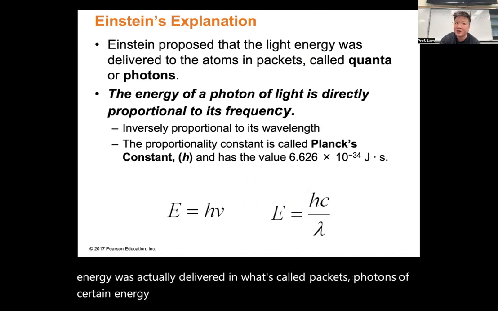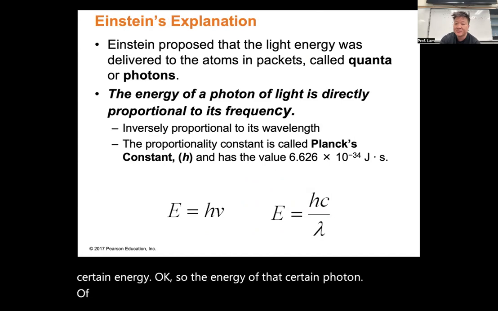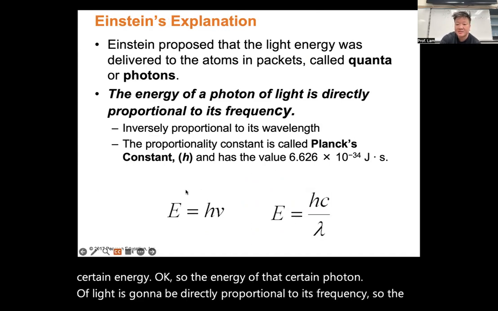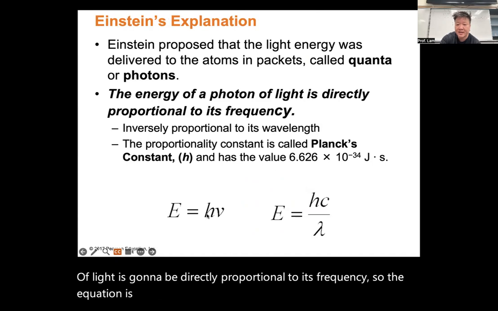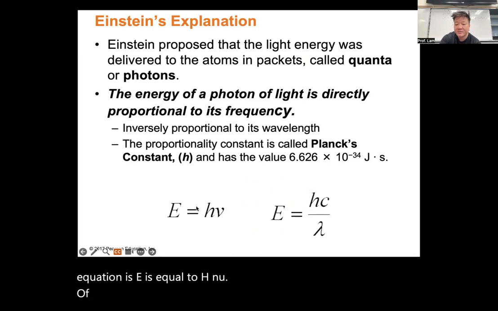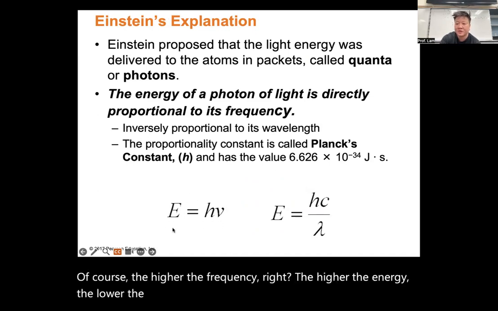The energy of that certain photon of light is directly proportional to its frequency. So the equation is E is equal to h nu. Of course, the higher the frequency, the higher the energy. The lower the frequency, the lower the energy.